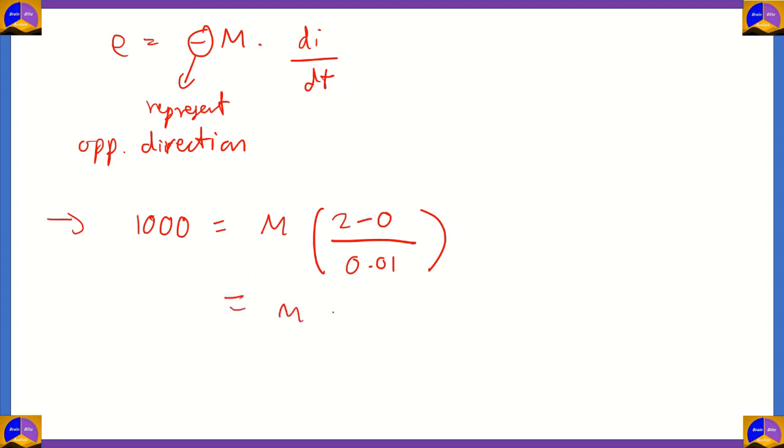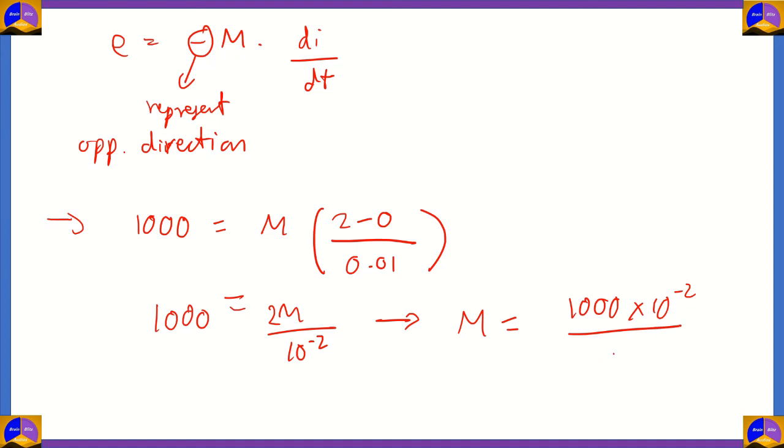So basically we have 2m divided by 10 raised to minus 2 on the right hand side. On the left hand side we have 1000. On rearranging the equation, we can get mutual inductance as 1000 times 10 raised to minus 2 divided by 2. So this is basically 1000 into 1 by 100 whole divided by 2.